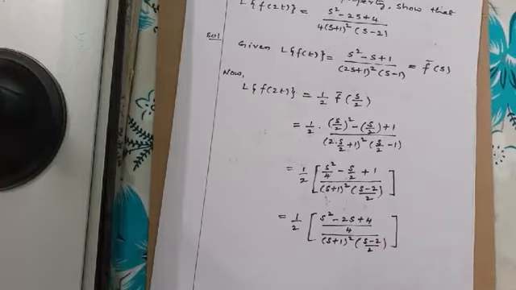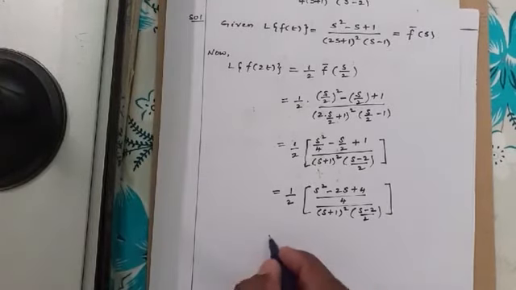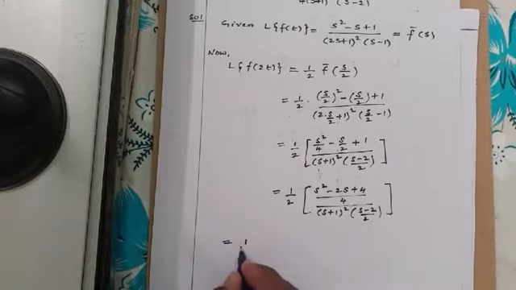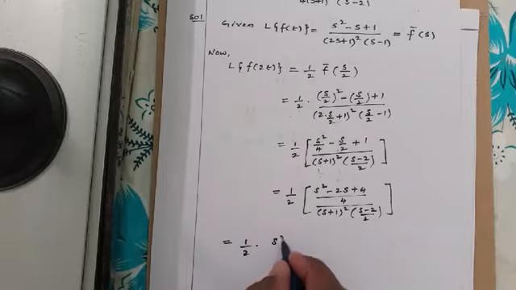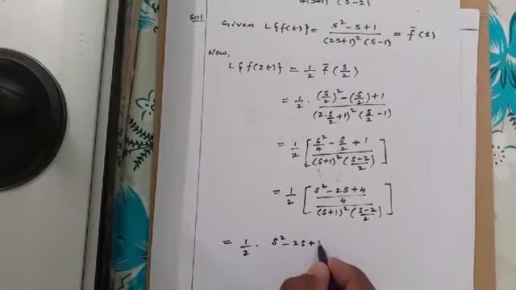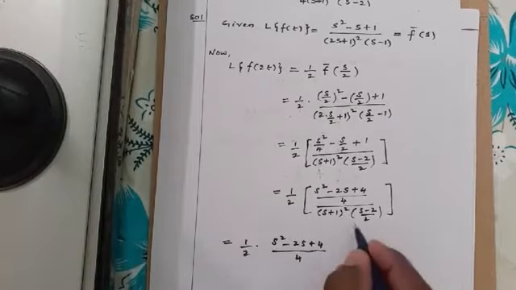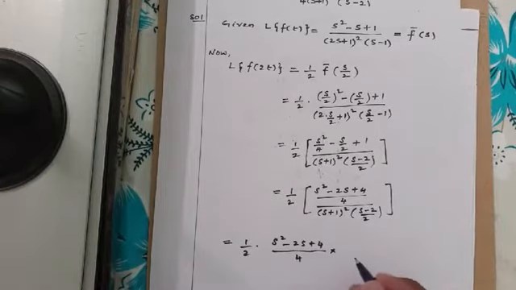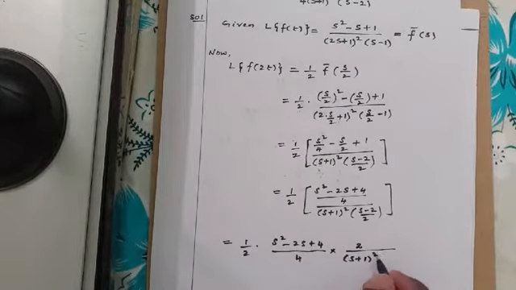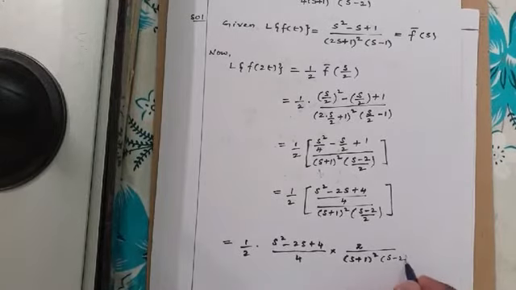Then close the bracket. Afterwards you can write this as 1 upon 2, and then (s square minus 2s plus 4) upon 4, and you write the denominator as (s plus 1) whole square into (s minus 2) upon 2.